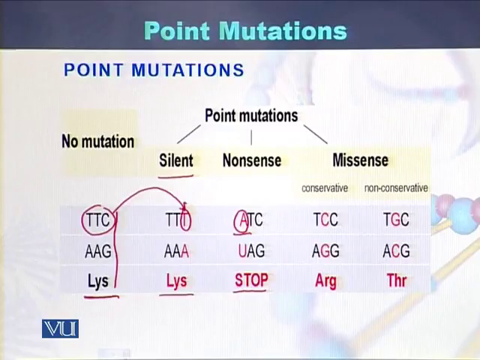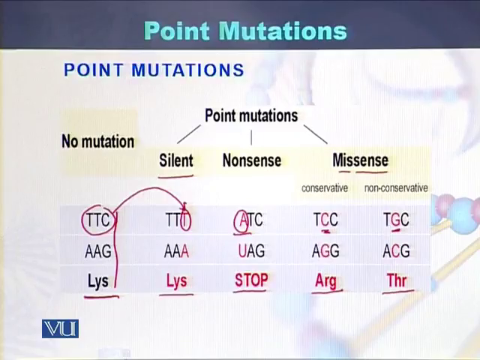The third type of point mutation is missense mutation. In case of missense mutations, in the original sequence here was T, but instead of T, now there is C, and in this case, which is also missense, instead of T here is G. So the original amino acid was lysine, and in this case arginine, and in this case threonine.